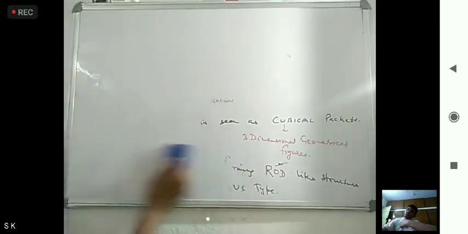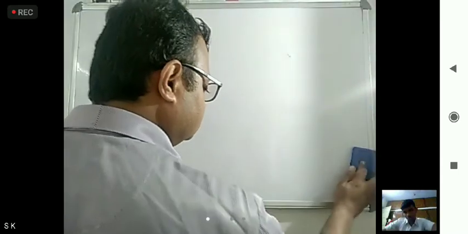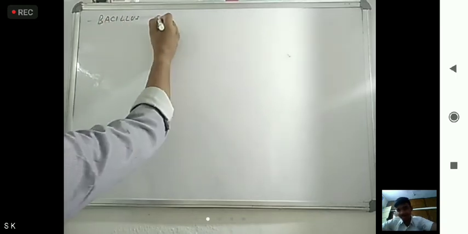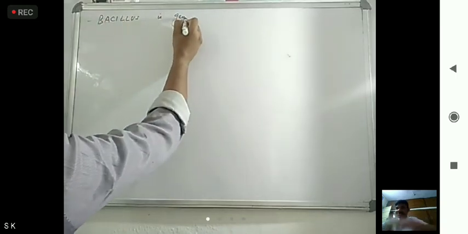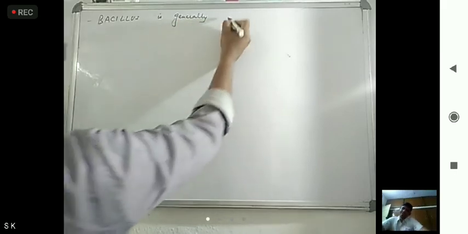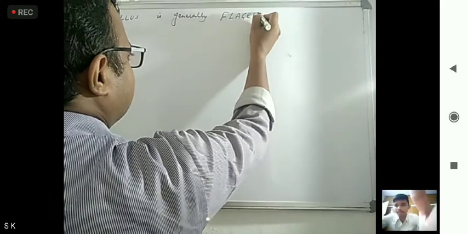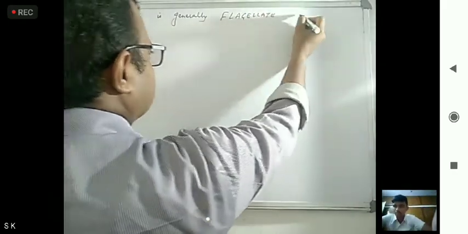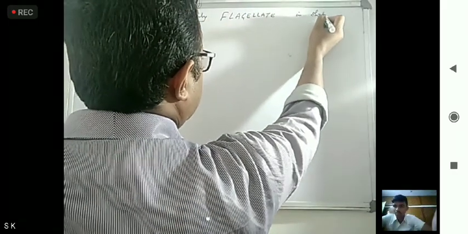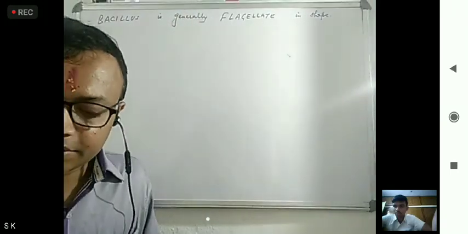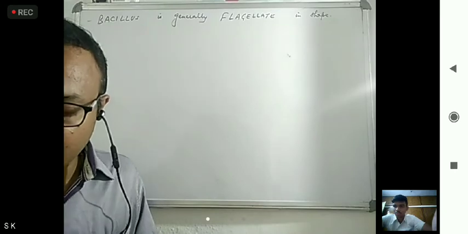Now, coccus were generally aflagellate, but bacillus is generally flagellate, which means they contain flagella.